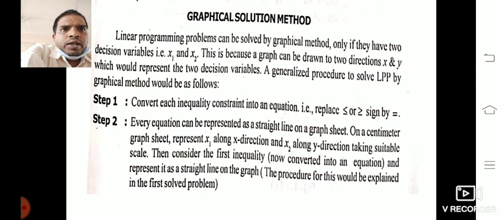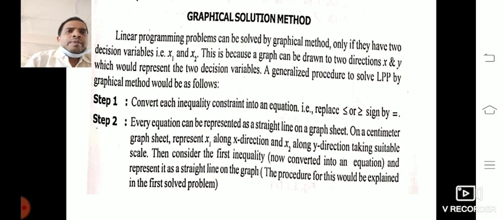Step 2: every equation can be represented as a straight line on the graph sheet. On a centimeter graph sheet, represent x1 along the x direction and x2 along the y direction, taking a suitable scale. Then consider the first inequality, convert it into an equation and represent the straight line on the graph. The procedure will be explained in the first solved problem.